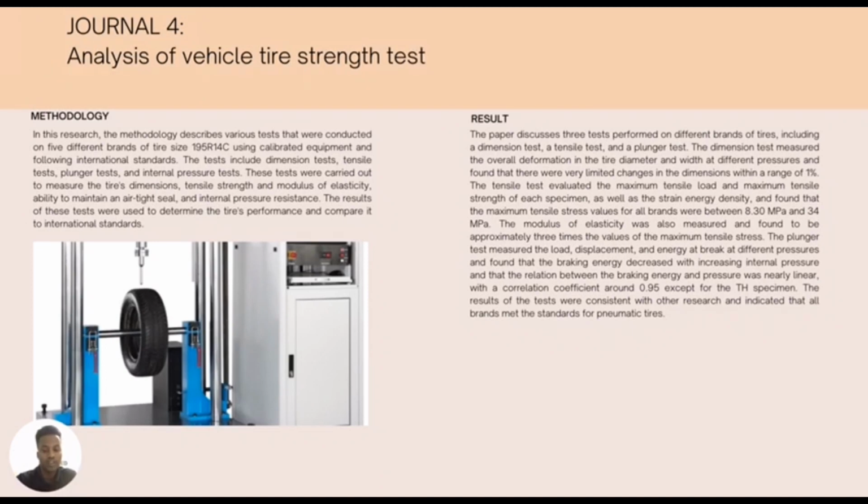There were very limited changes in the dimension, within a range of 1%. The tensile test evaluated the maximum tensile stress and found that the maximum tensile stress values for all brands were between 1.30 and approximately 3 times the value of the maximum tensile stress.